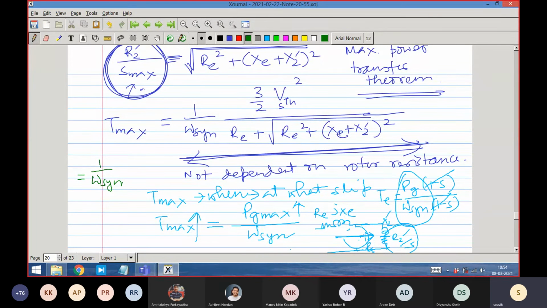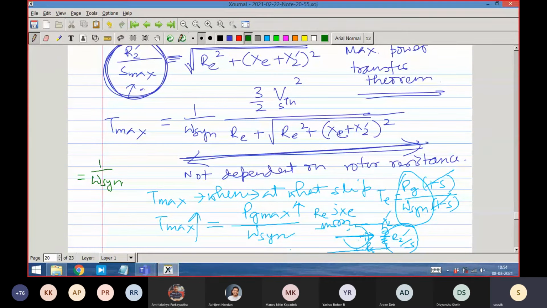Then the main frequency is constant, we are just changing the number of poles. Suppose we are changing the number of poles.